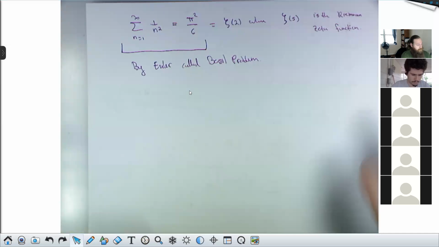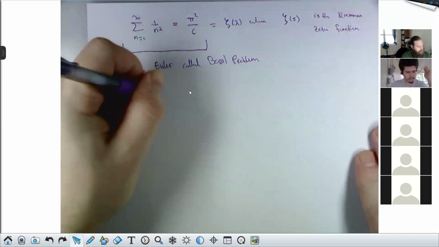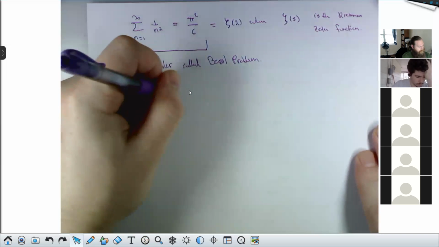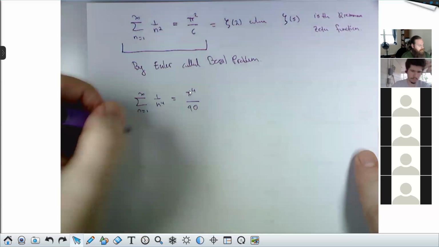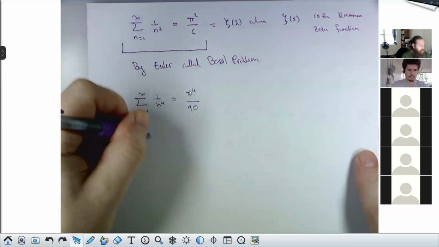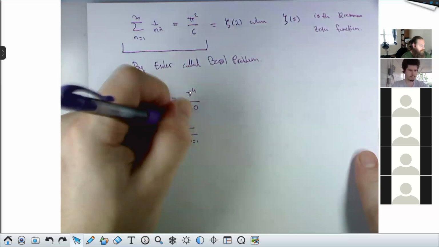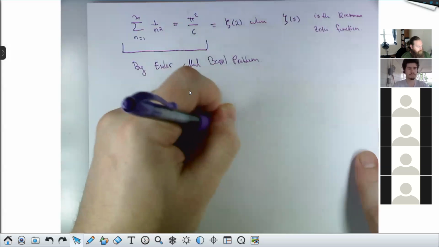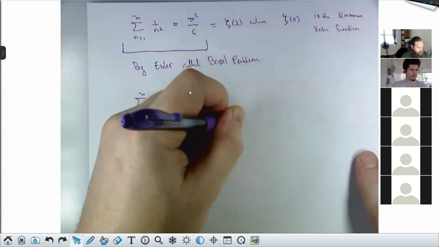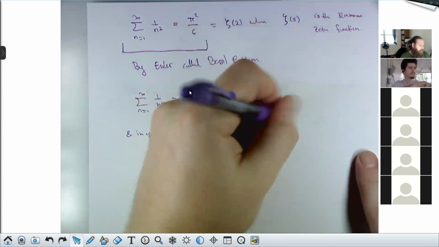Zeta of 4 is also known. This is pi to the 4 over 90. And in general, the sum from 1 to infinity of 1 over n to the 2k, which is zeta of 2k, there are formulas for this.